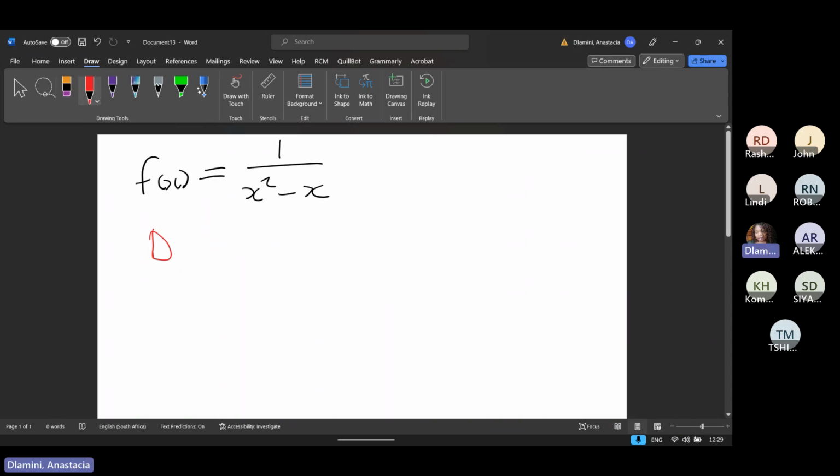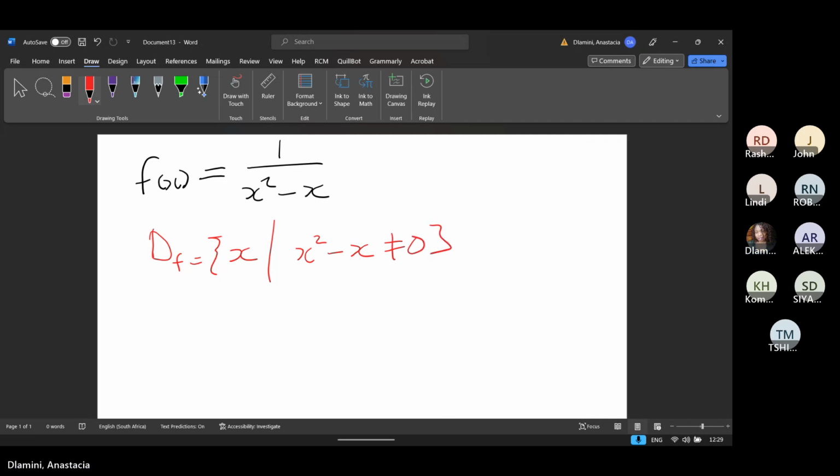Domain of f is x such that x squared minus x is not equal to 0. Is this where I end? Solve for x. Help me. To solve for x, what do I do?